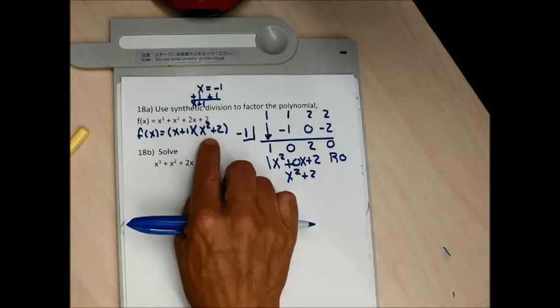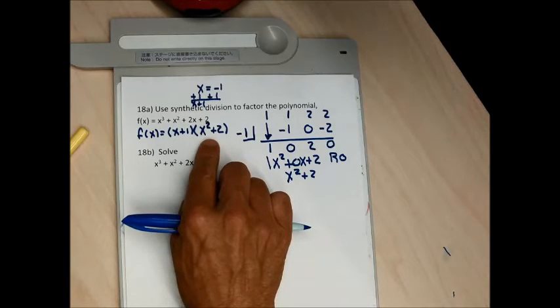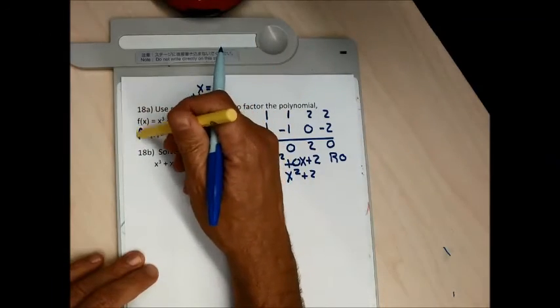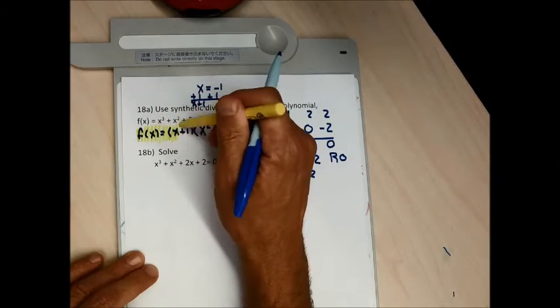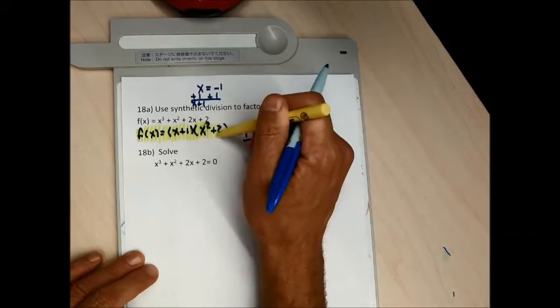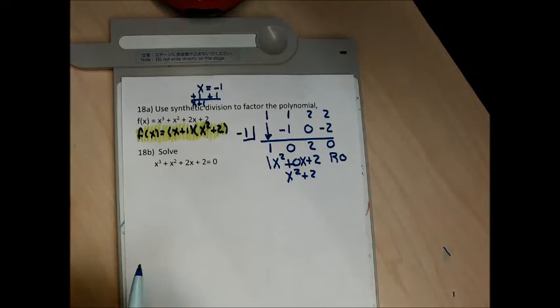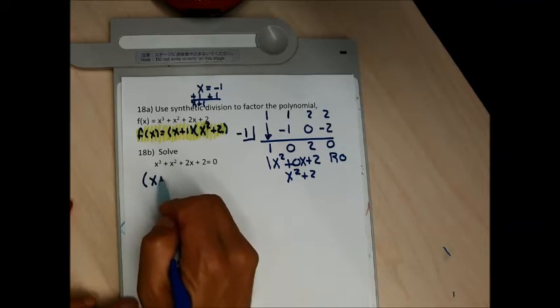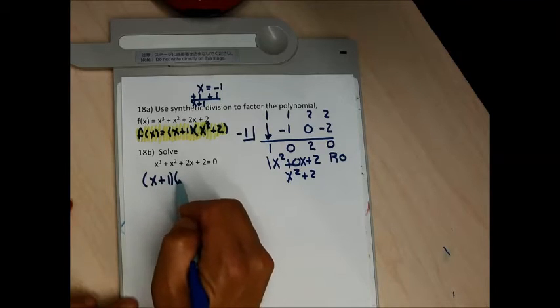X squared plus 2 is prime because it's a sum of squares. So this is as far as 18a factors, and this is considered completely factored, and this is actually my answer to 18a. This is how the polynomial that's given factors. When I move on to part B, I need to set the problem equal to 0 and solve for x.